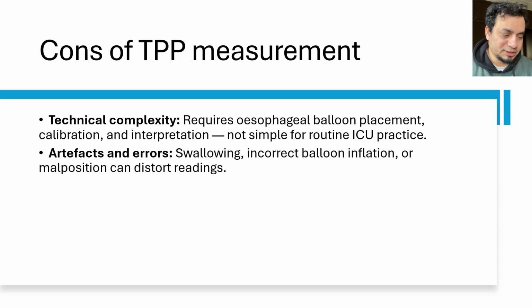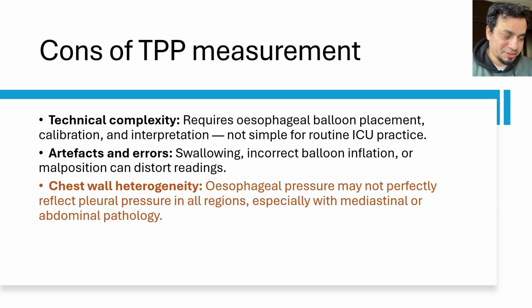So you have to be very careful in correctly placing the esophageal balloon and regularly calibrating it, and interpretation has to be very careful. There could be chest wall heterogeneity, which can affect the pleural pressure. As you know, the esophageal pressure may not perfectly reflect the pleural pressure in all regions of the lungs.